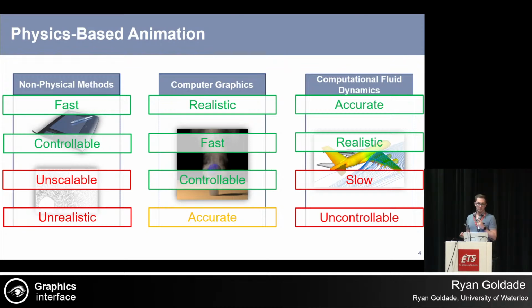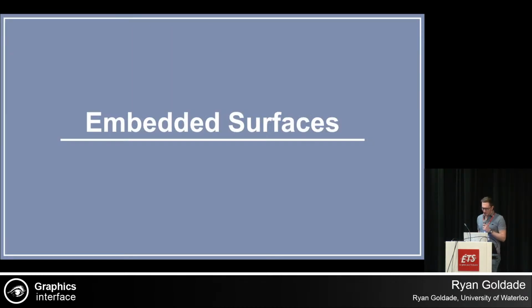The artists have a lot of demands that pull us away from CFD. And we want it to be accurate, but only accurate enough that we can achieve what we want, and we don't need it more accurate if it doesn't add visual quality. So we're going to make a lot of shortcuts in this talk. And the first one is embedded surfaces.